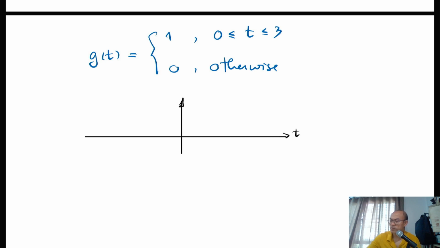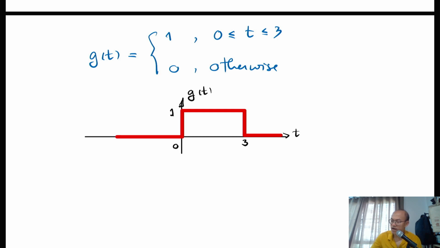If you draw this one, you're going to get here. This is 3, right? This is 0. This is 1. So this is g of t.